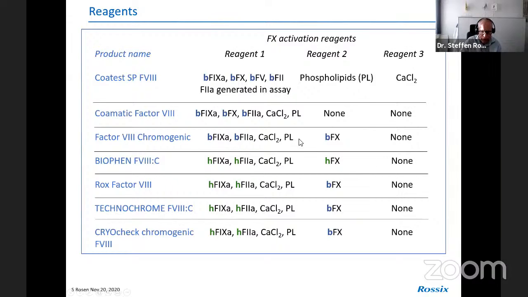All the other ones use 2 vials. You can also see that all 3 kits here use bovine components throughout, bovine 9A and bovine 10. The Biophen kit uses human components on 9A and 10, and the other 3 use human 9A and bovine factor 10.